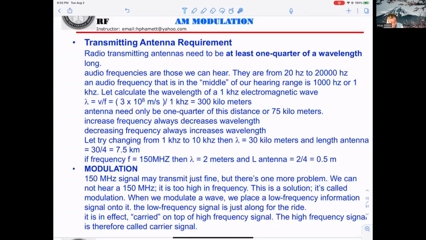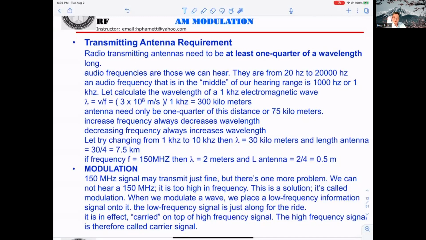So now basically you understand your voice is low frequency. However, if you want to transmit it over the air, it's hard to do. So you want to transmit at 150 megahertz, for example, and you get a problem where we cannot hear at the frequency of 150 megahertz.